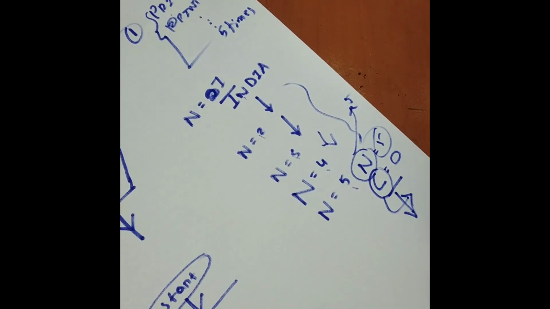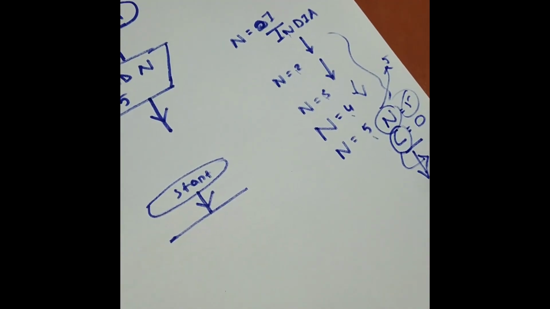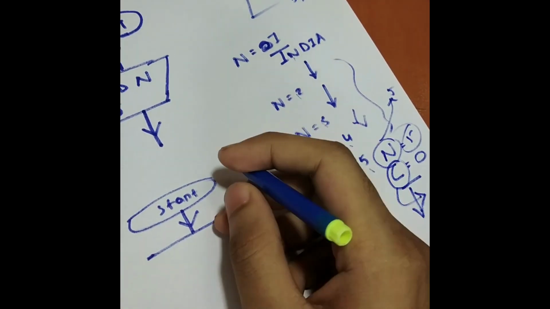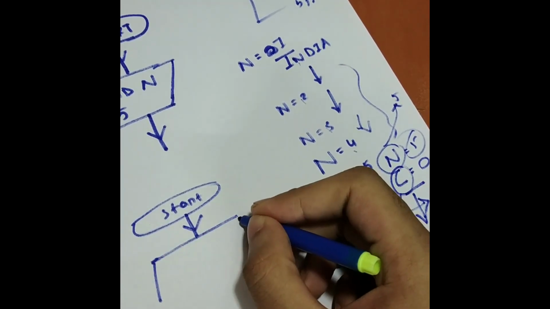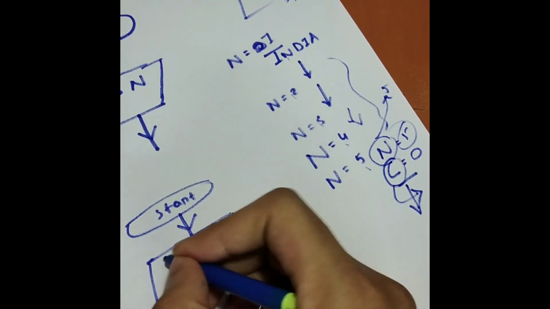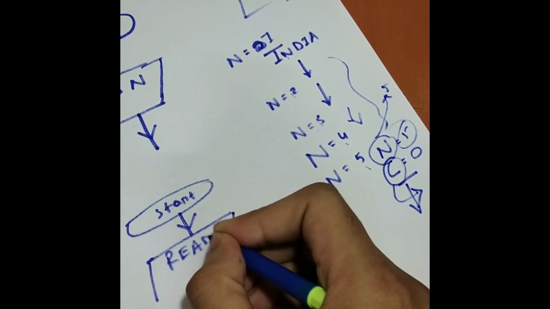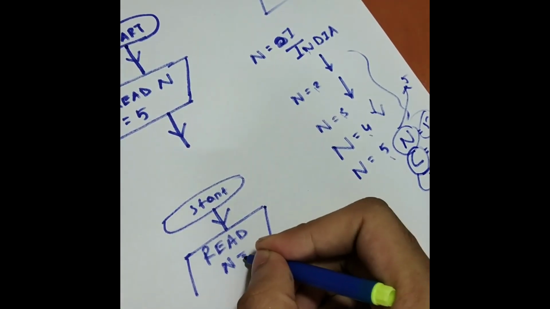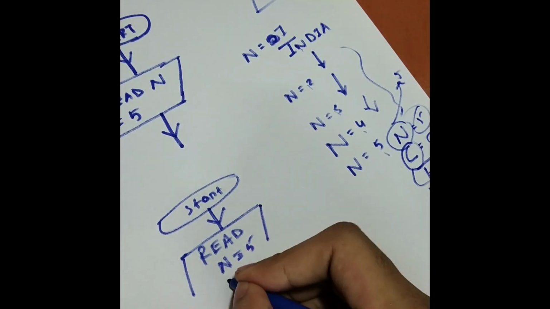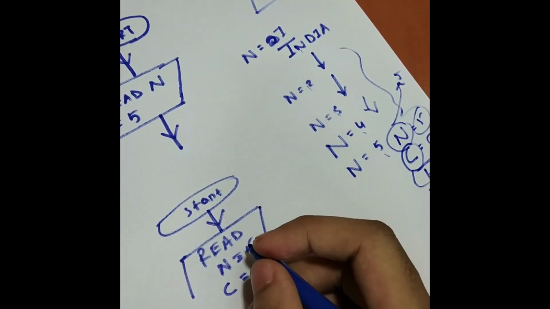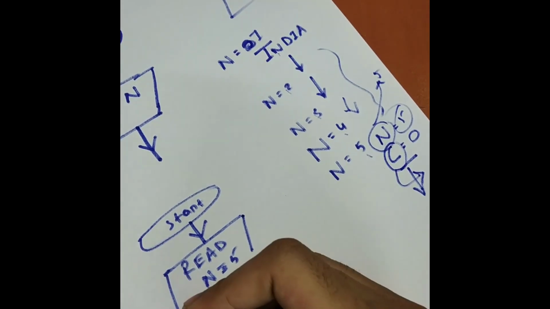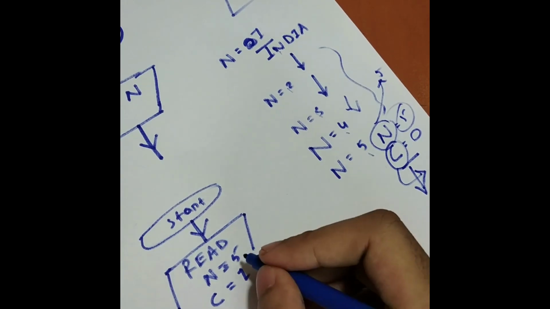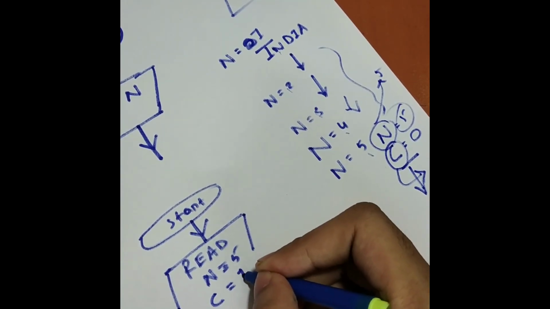So let me take it like this. Let me say read n equals 5 and C equals, let's say 1, or let me say 0, actually 0.